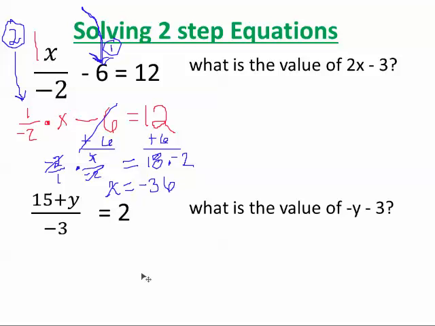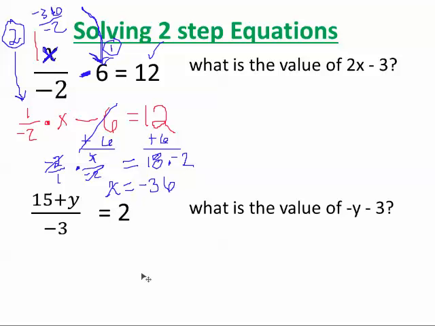I can think about plugging that back into this x. And if you just think about it, negative 36 is what I thought my x was, divided by negative 2 is what? Positive 18, and positive 18 minus the 6 is going to give me the 12.